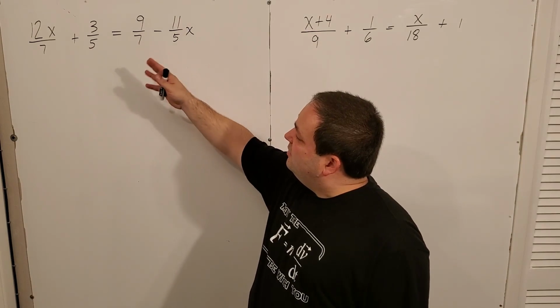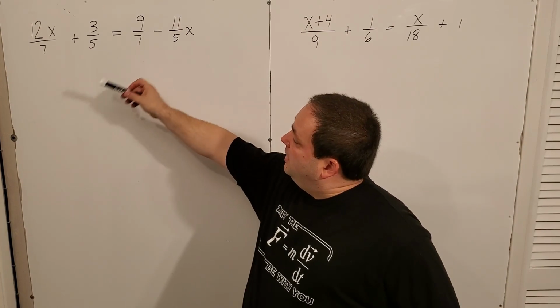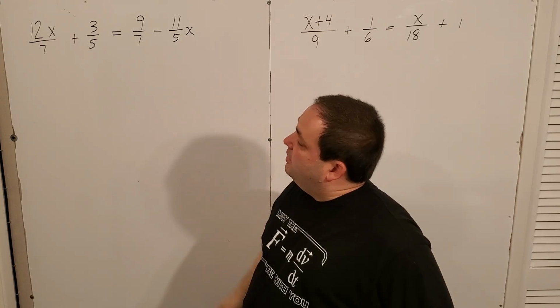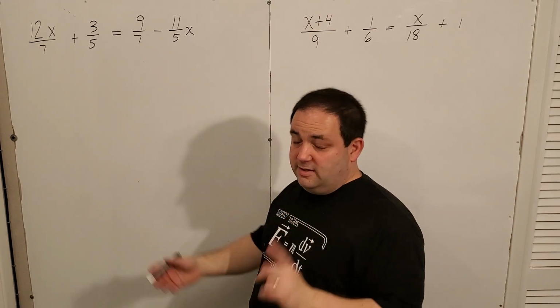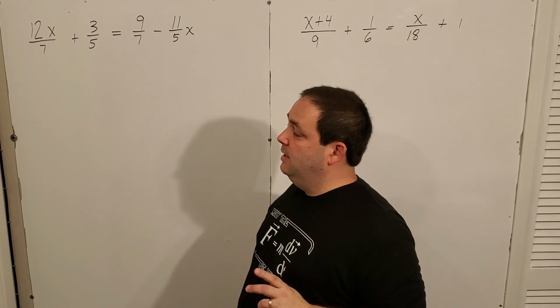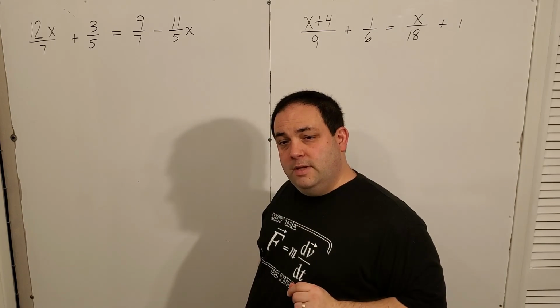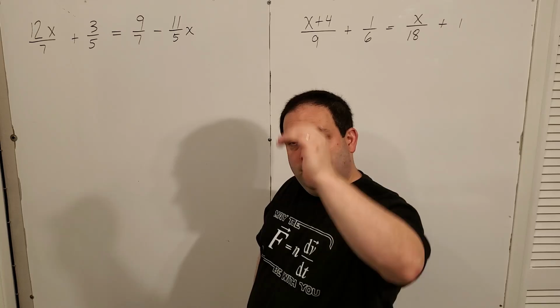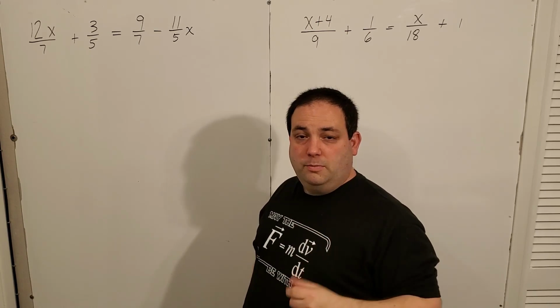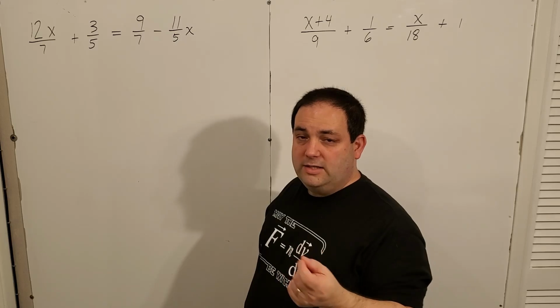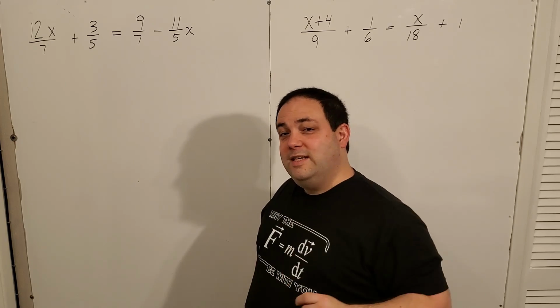I see in this problem that I have some denominators of 7 and some denominators of 5. I need one multiplication because I have to do it to both sides equally. I need one multiplication that can eliminate with a 7 or a 5 through multiplication and division. And that's where the old LCD comes in, right?